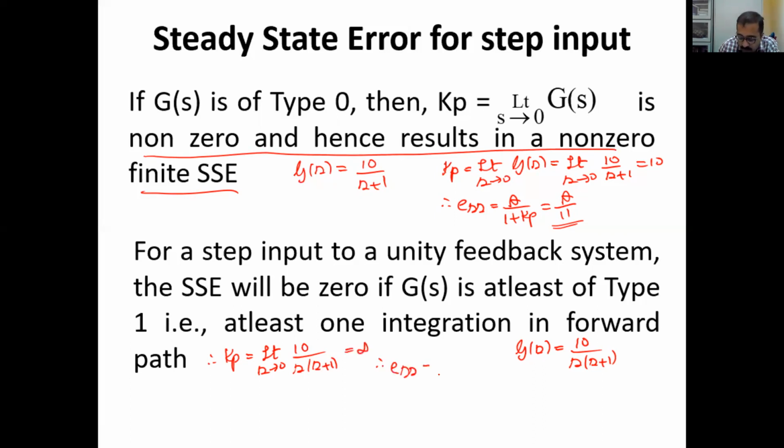A divided by 1 plus infinity, which is nothing but 0. Okay. So for a step input to a unity feedback system, the steady state error will be 0 if G of S is at least of type 1. So from type 1, type 2 onwards, this will happen. Your static position error constant will become infinity, so that the steady state error will be 0.